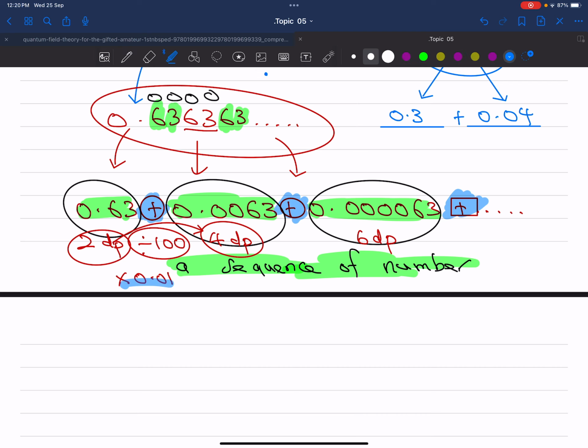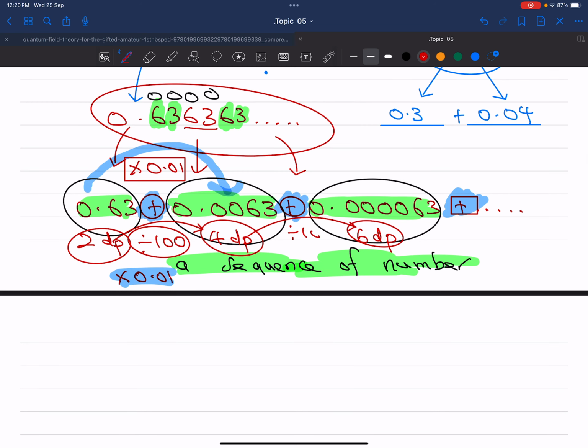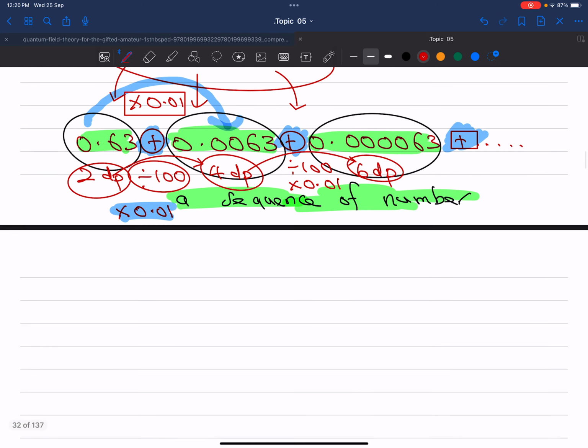So to go from the first term to the second term, it is times 0.01. Similarly, 4 decimal places changed to 6 decimal places is again divide by 100, which is the same as times 0.01.